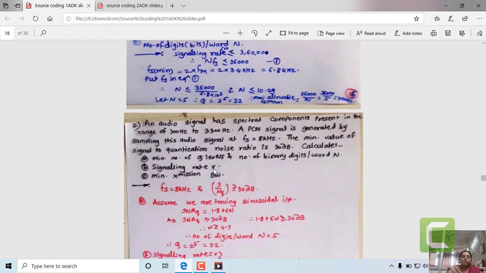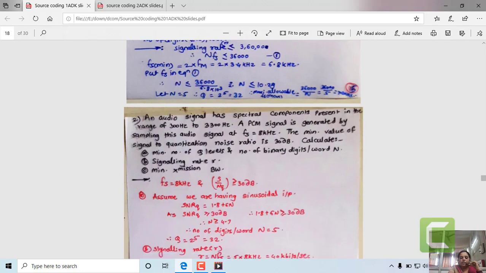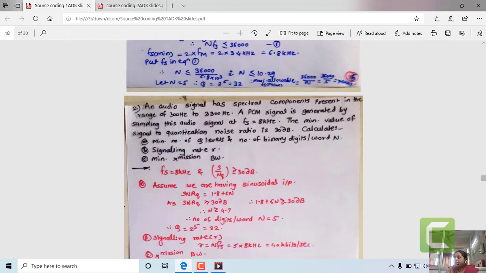So to obtain the quantization level, we have the relationship 2 raised to n. So this Q will turn out to be 32. To find out the signaling rate, we know the relationship. Signaling rate is equal to the number of bits per word for PCM into the sampling frequency. So we will substitute the values n equal to 5 and fs equal to 8 kilo.